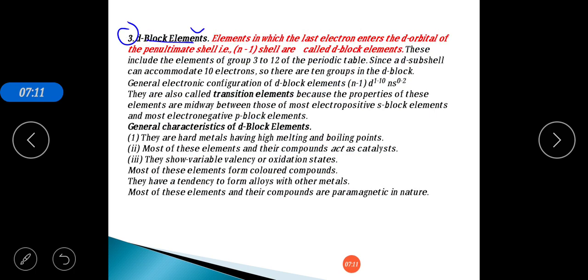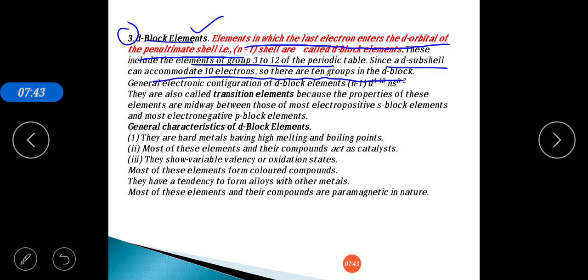D block elements. Elements in which the last electron enters the d orbital of the penultimate shell, that is the n-1 shell, are called d block elements. These include the elements of groups 3 to 12 of the periodic table. Since a d subshell can accommodate 10 electrons, there are 10 groups in the d block.